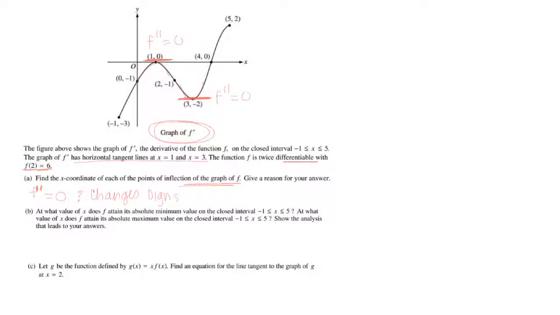So let's think about this. When x equals 1 or 3, f prime equals 0, and f prime changes from increasing to decreasing, or vice versa.